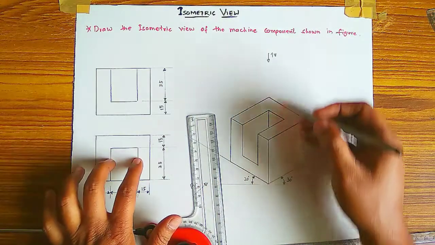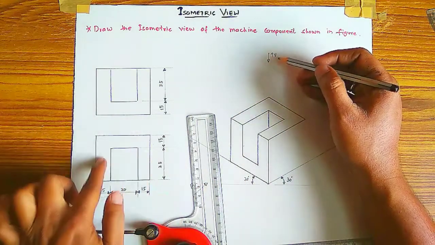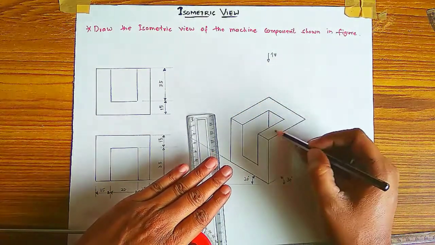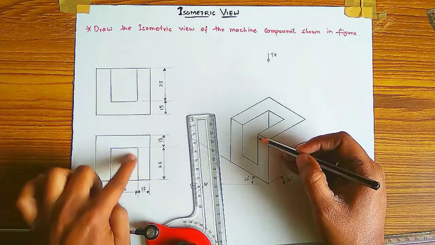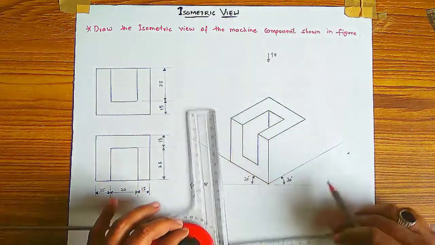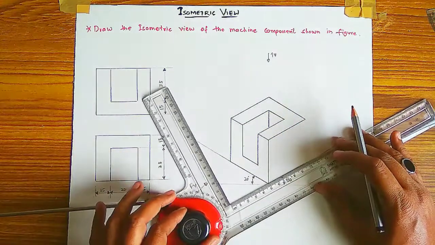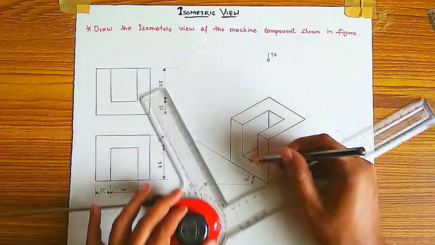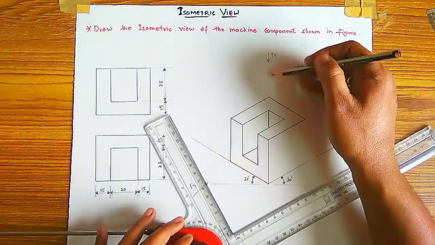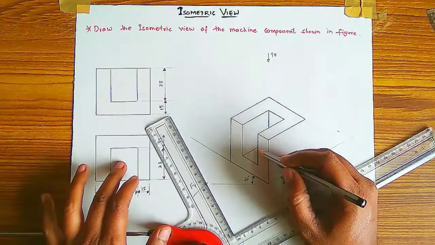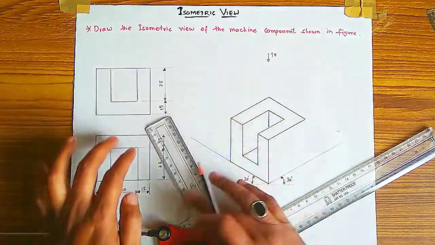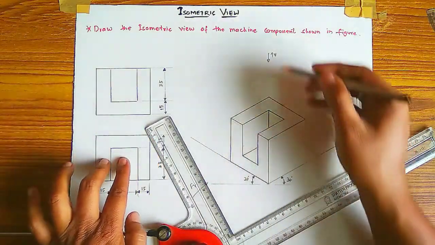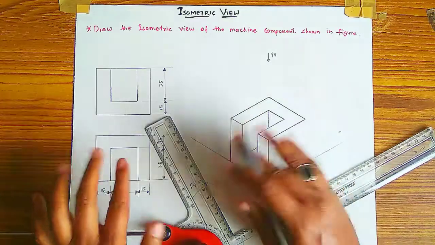Now if you see from the top, this shaped section is visible like this, and this square rectangle shaped section you have to draw. For that, with this 30-degree angle only, you have to draw a line like this. That square rectangle section is also visible from the top, and that is the top view, and this is the front view. If you see this figure from the front, that is visible, I have drawn, and from the top that is also visible.